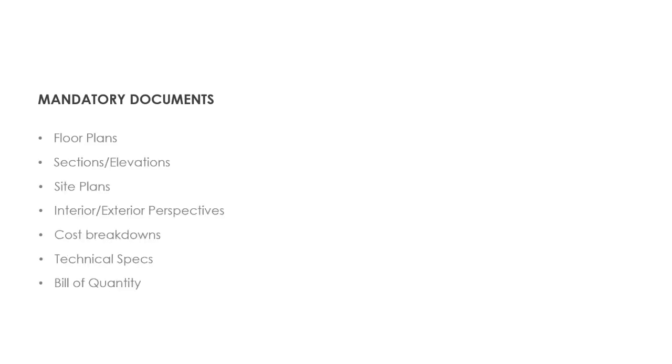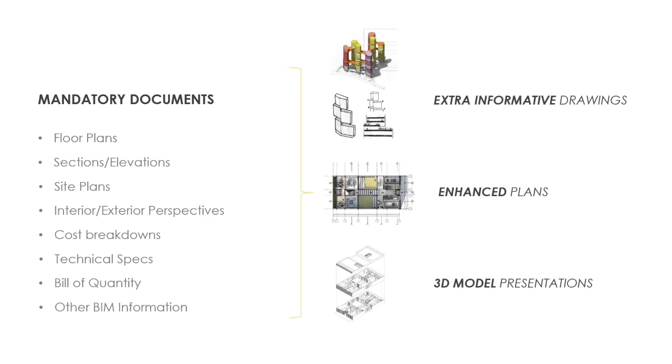These are floor plans, sections, elevations, perspectives, cost breakdowns, and other not so exciting looking plans. And these drawings are important for communication, but communication doesn't mean immediate understanding. So these mandatory drawings are not enough to communicate. They need to be supplemented by extra informative drawings in the form of sketches, diagrams, enhanced plans, which are informative, but are also visually enhanced on top, just to boost and drive a better communication understanding between architect and client.